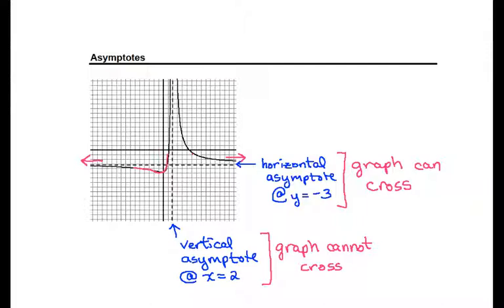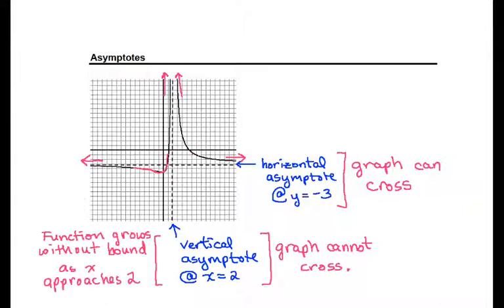As your x values approach a fixed value, in this case 2, your y values are going to approach infinity, right? So at a vertical asymptote, the function approaches infinity or negative infinity. It grows without bound as you approach a number.